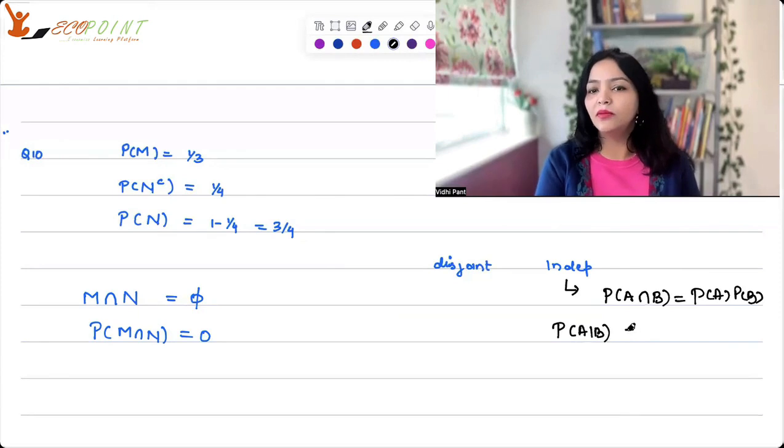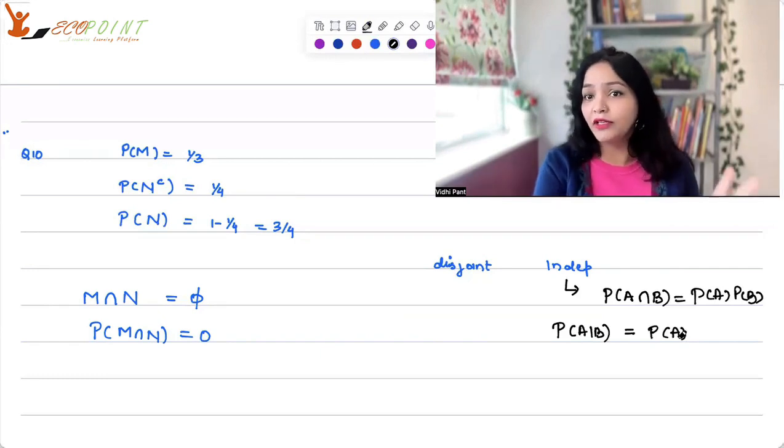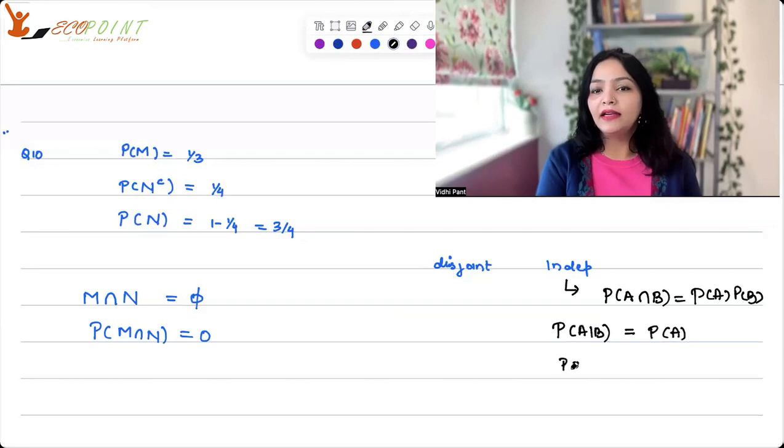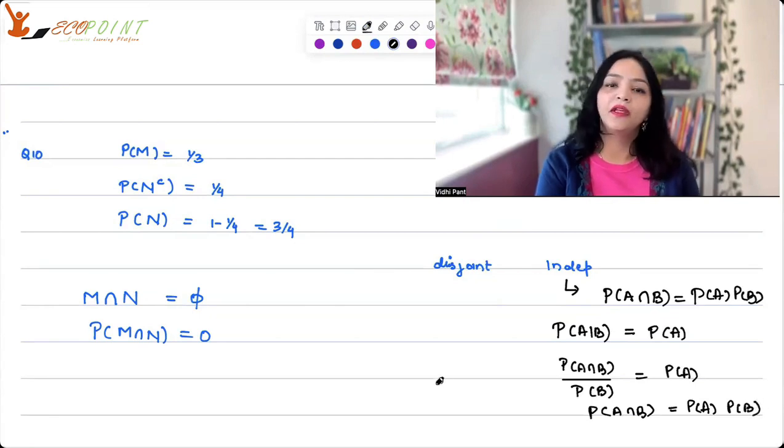So the conditional probability of A given B should be equal to probability A only. There should not be any impact of the occurrence of B on A, right? So this should happen, and that is why, from the formula for conditional probability, you get that probability A intersection B should be equal to probability A into probability B.